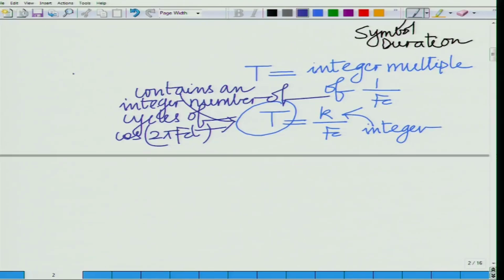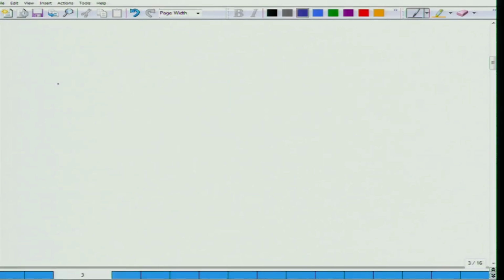Okay, so that is basically the idea, and I can represent it pictorially. It looks something like this. It's very simple.